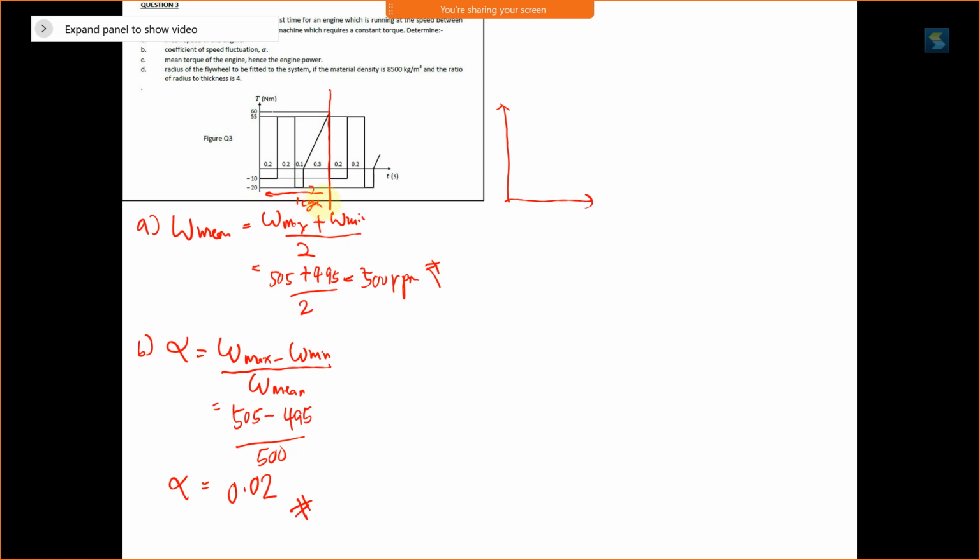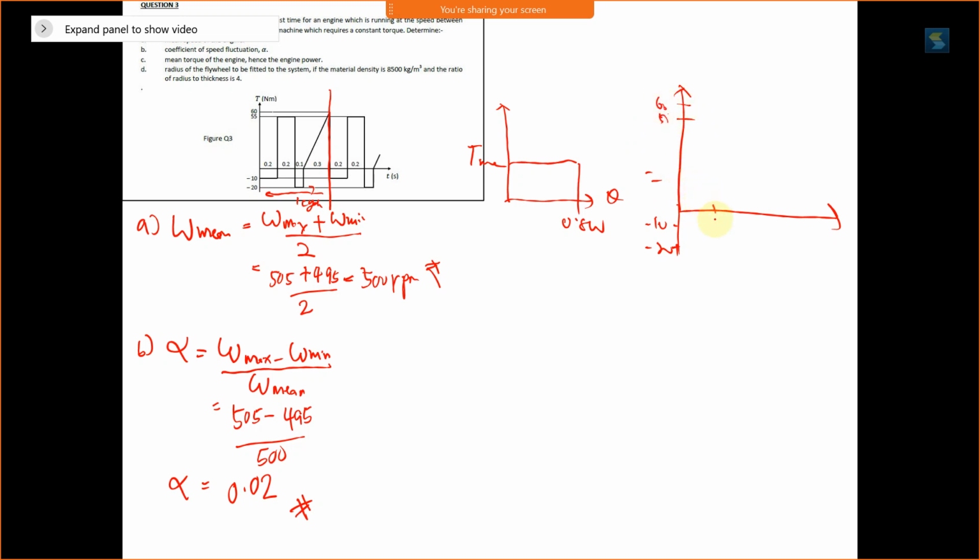So how long is the time for one complete cycle? 0.2, 0.4, 0.5, 0.8 here. So 0.8 omega. So this is theta. Okay, so that is our T mean. We don't know what our T mean is. Alright, equals to: we start with -10 and this is -20, and then we have 55 and 60.